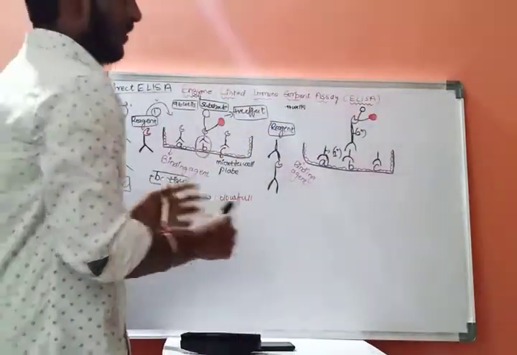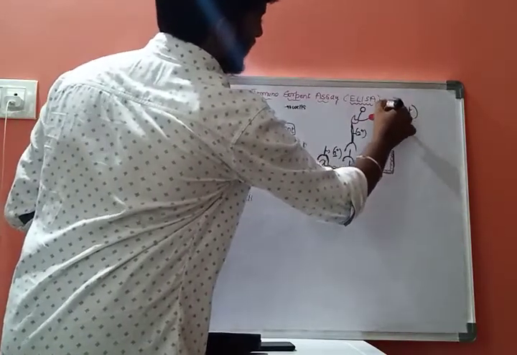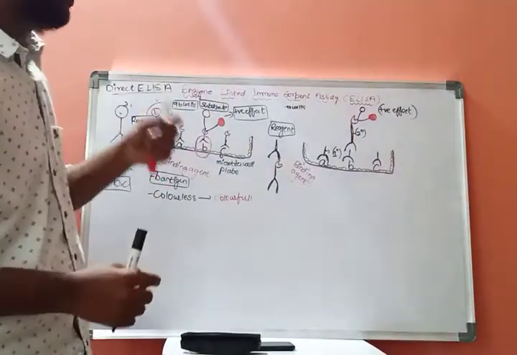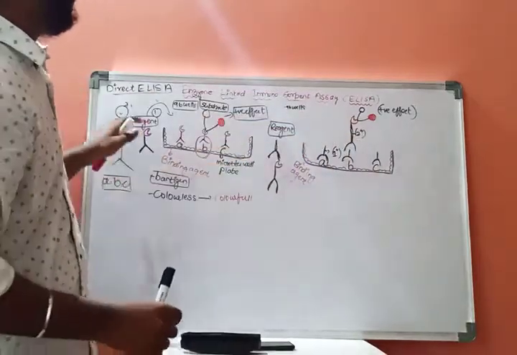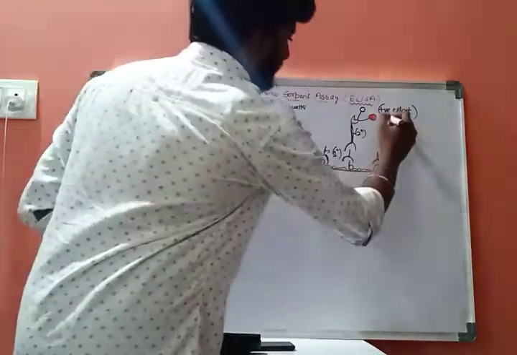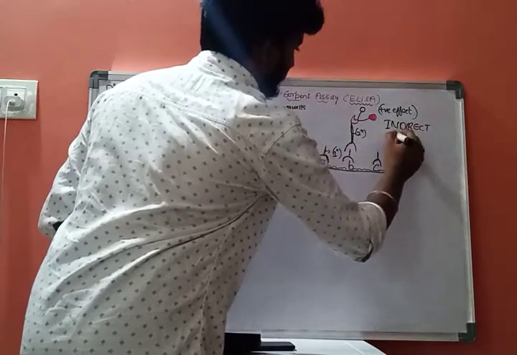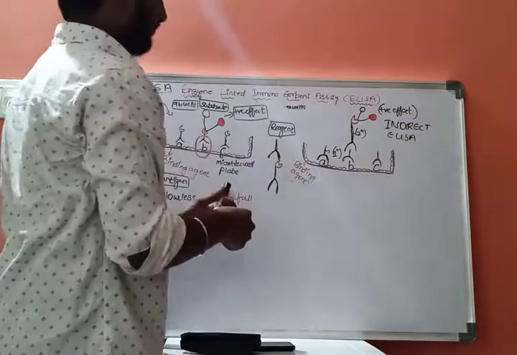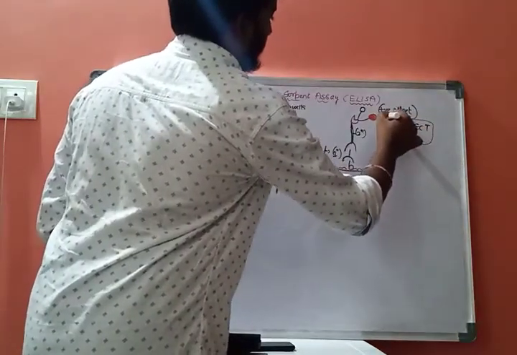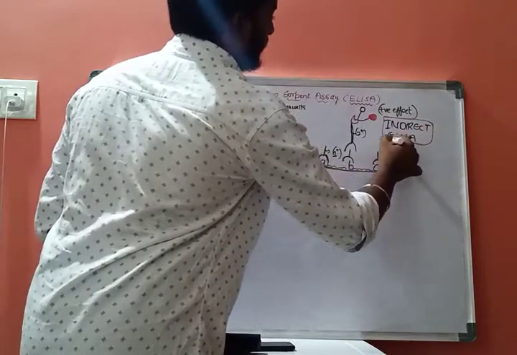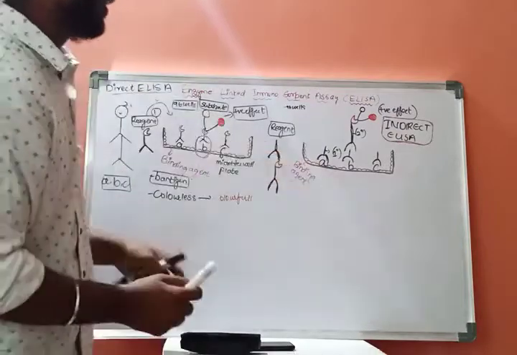When this colorful substance is formed, it shows a positive result. Whenever the secondary antibodies are added in this process, this type of ELISA is called indirect ELISA. This is indirect ELISA, this is direct ELISA, this is indirect ELISA.